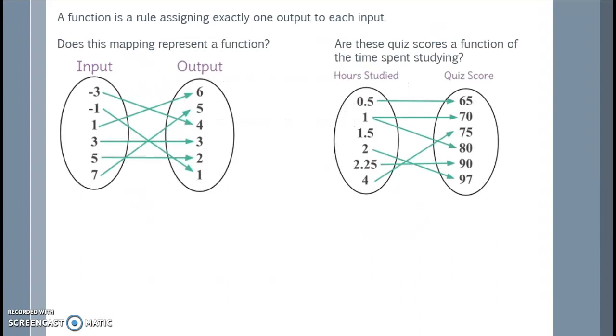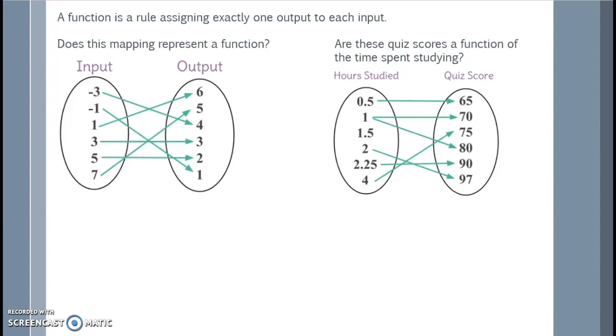A function is a rule assigning exactly one output to each input. Does this mapping represent a function? I see that I have a bunch of different inputs that are associated with many different outputs.